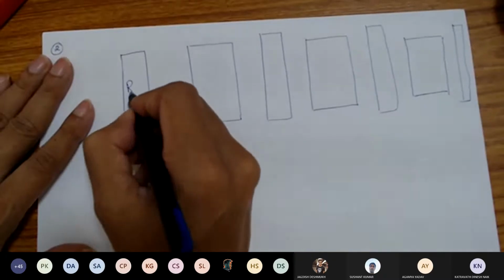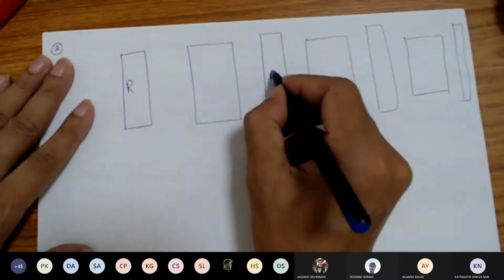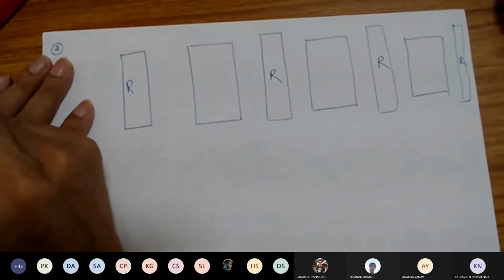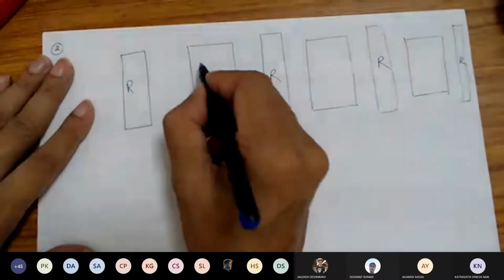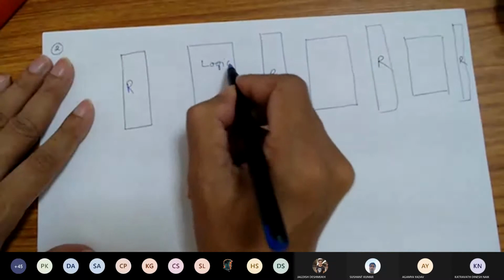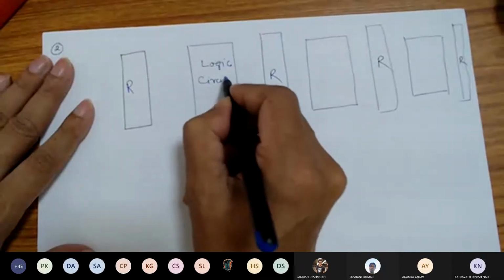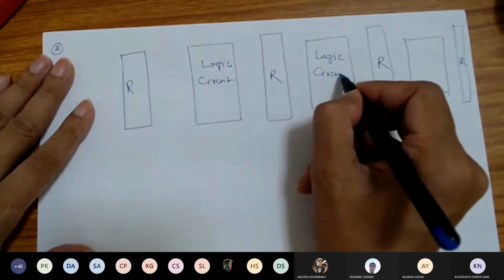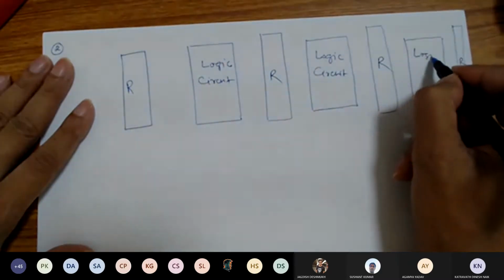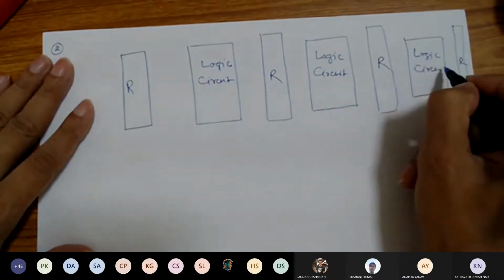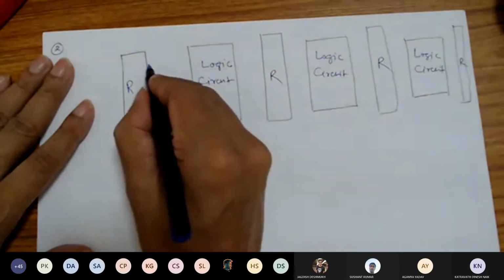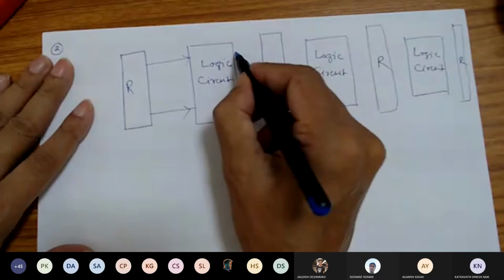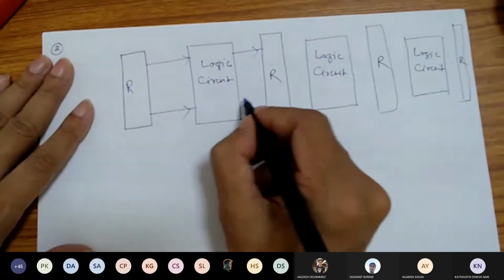This is a register. This is a register. This is a register. This is a register. And we have a logic circuit. This is a logic circuit. This is a logic circuit. And the data is transferred like this.